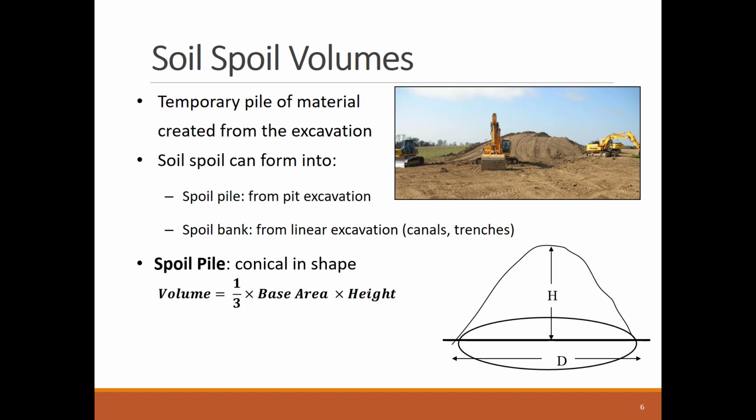The volume can be calculated from the excavated pit dimensions, but the base diameter, d, and the height, h, are now two unknowns in one formula. So we need another formula to relate both variables, which is done through the angle of repose of the soil, which should be known from the soil investigation report.